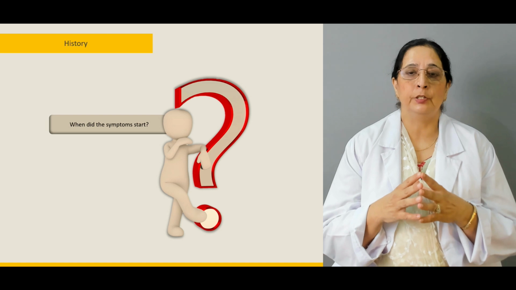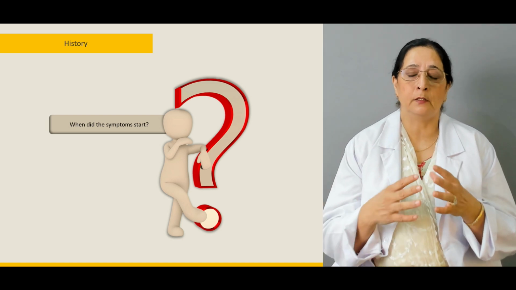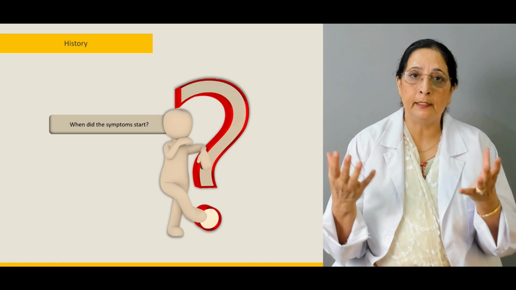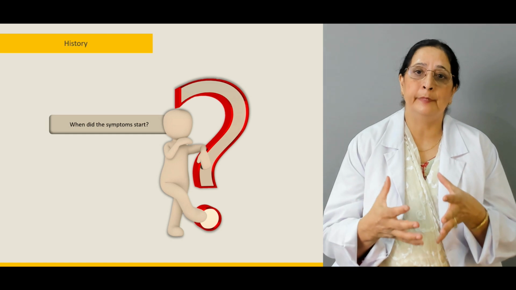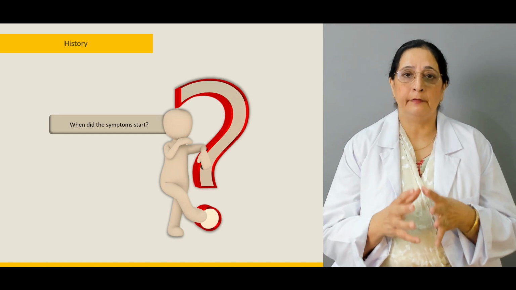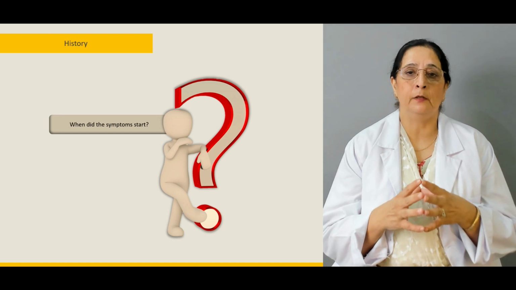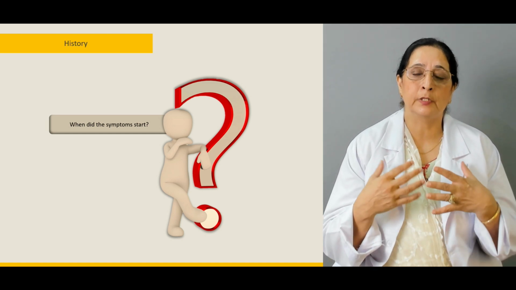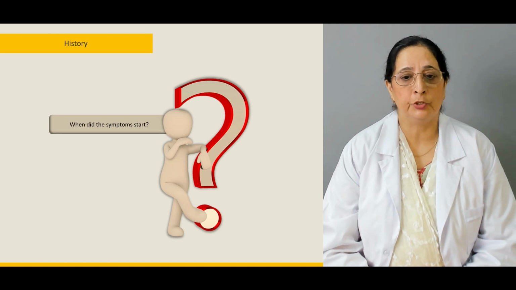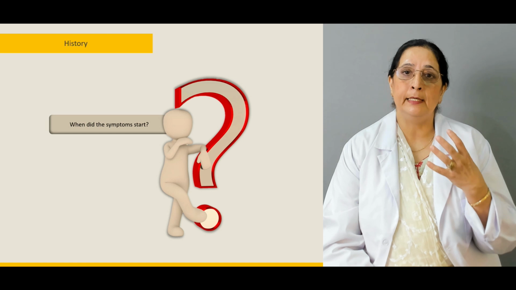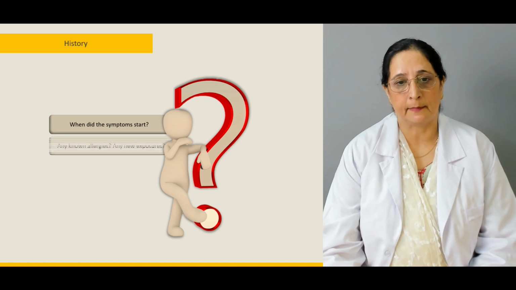Whether the person was exercising when it started, or if they were working in the bushes or trees, something might have bitten the person. That's very important to ask. If they were eating something, if they took some medicine or some drug. All these are very important questions we should ask: when did the symptoms start and what were the circumstances?